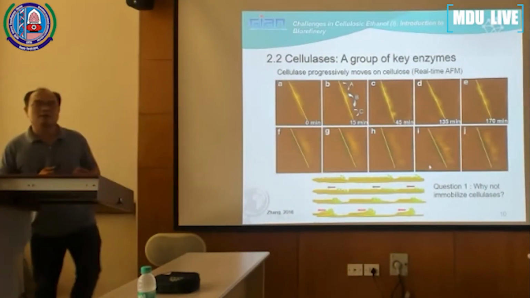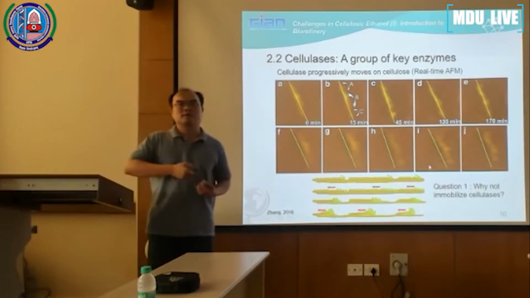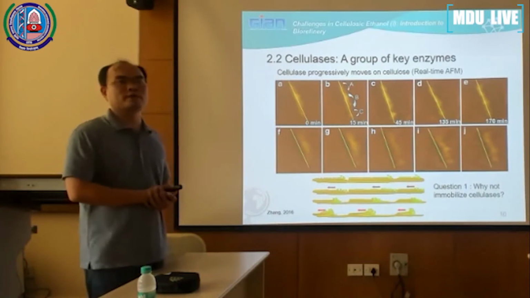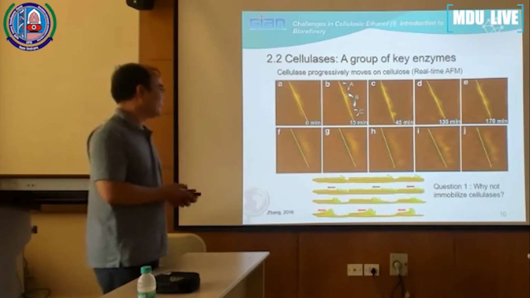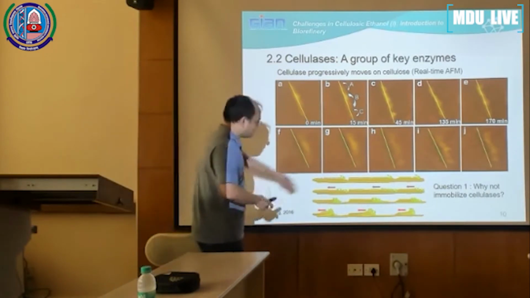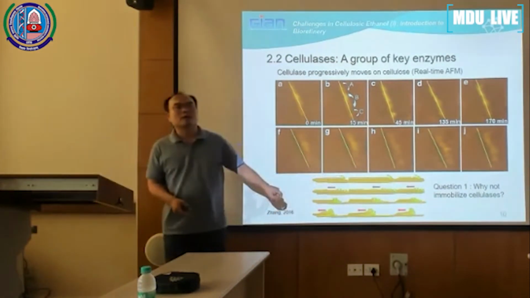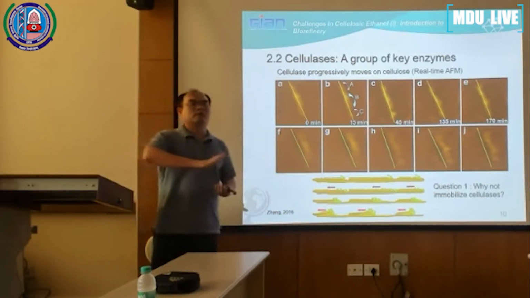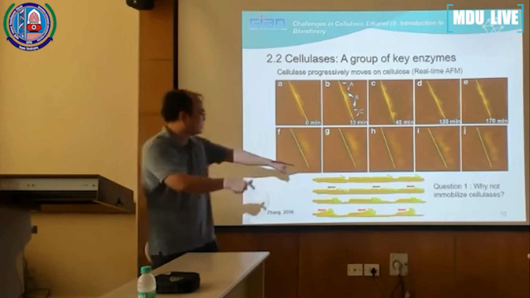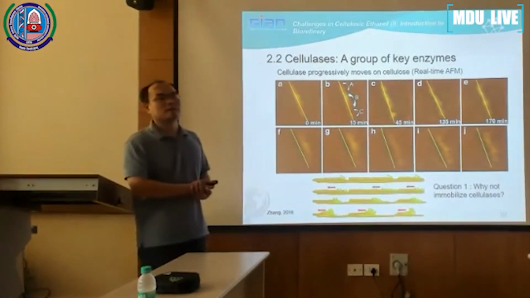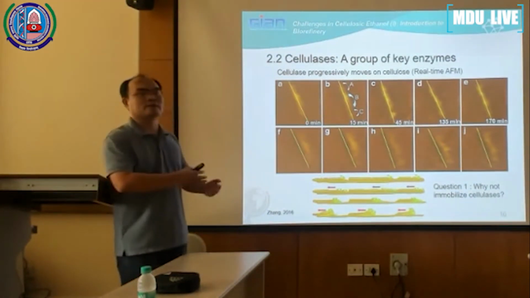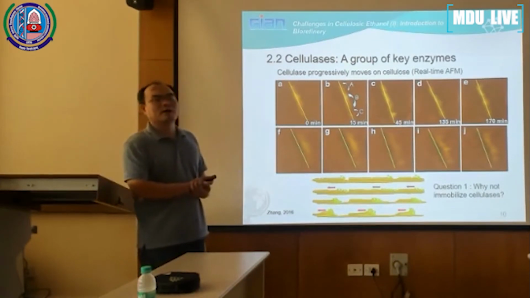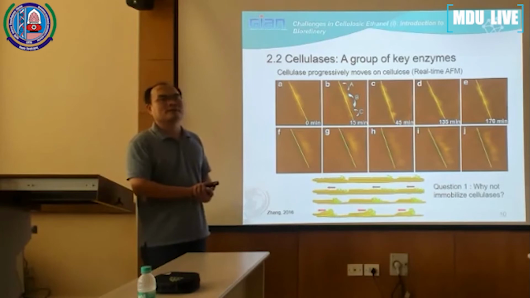So cellulase is sometimes different from other enzymes. It progressively moves. It has a binding domain, and this binding domain directs the movement of the enzyme along the cellulose substrate. If we immobilize it, and cellulose is insoluble, it can do nothing.